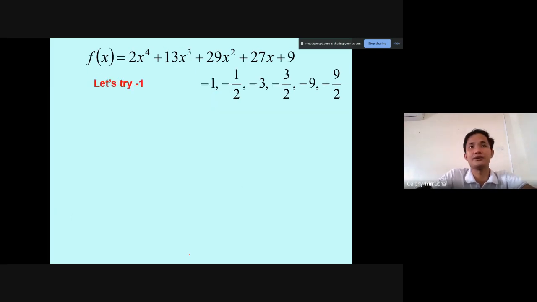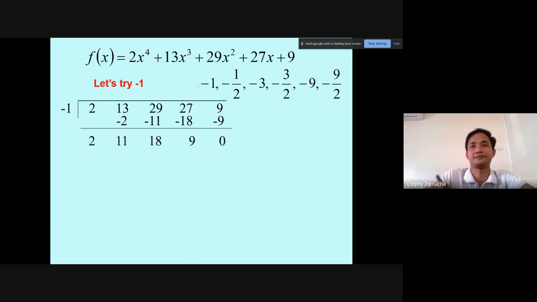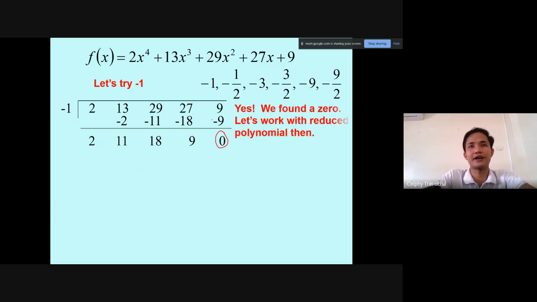So let's try. First, let's try negative 1. By negative 1, we come up with a 0 remainder. That means this is a factor. So we found that x plus 1 is a factor. Again, the sign changes. x plus 1 is a factor.